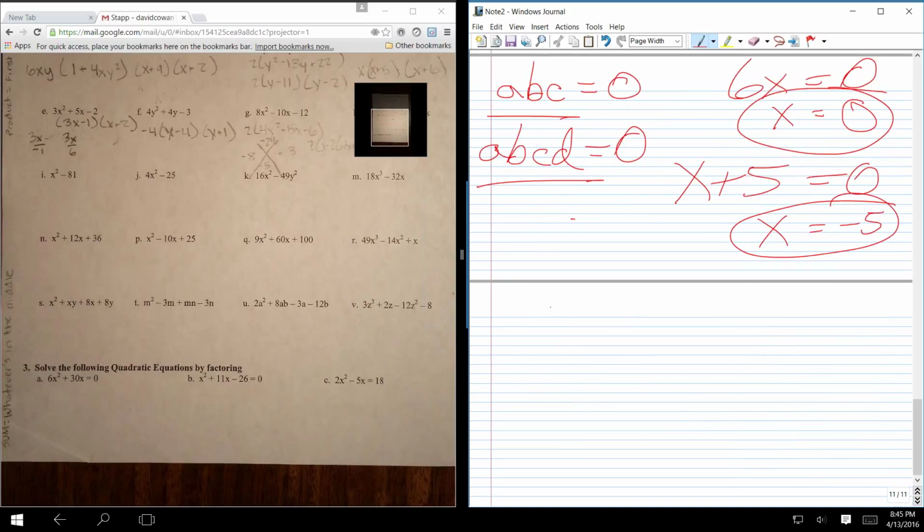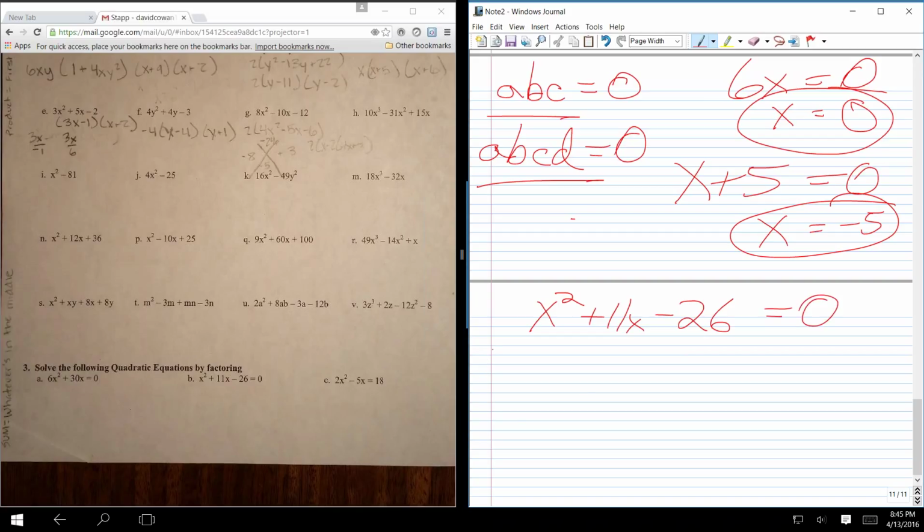All right, the next one. X squared plus 11x minus 26 equals 0. First step, x would be in both. What do the signs have to be? How do you produce a negative? The thing we're looking at is that negative right there.